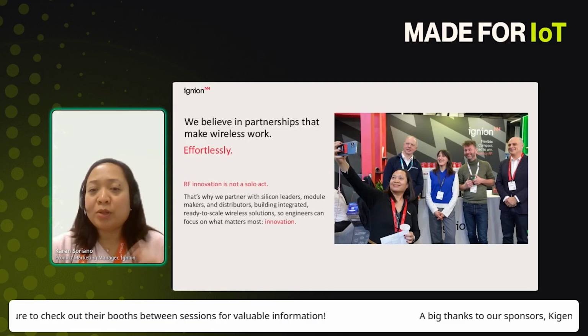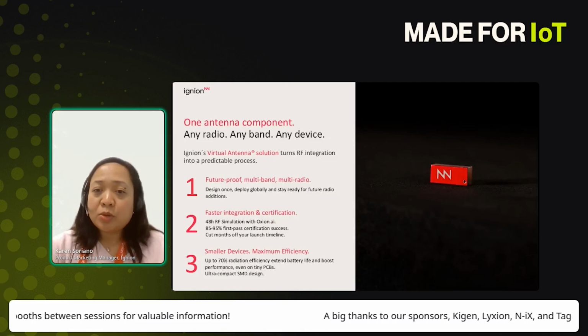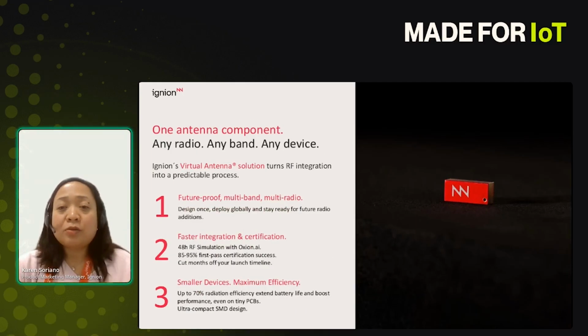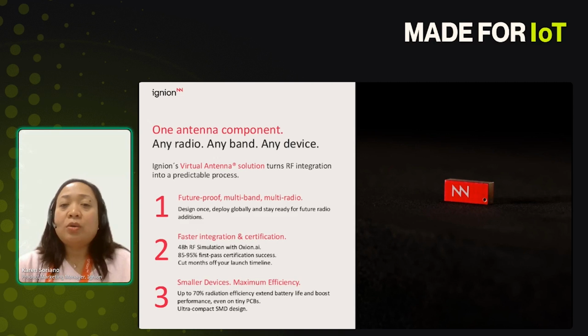Now, for those who are not familiar with who we are, from Ignion's perspective, our message is simple. We have one antenna component, one antenna solution, and we can cover any radio, any band. It's all about, for us, turning RF integration into a more predictable process. We enable future-proof multi-band and multi-radio designs, one design path that can be designed globally.